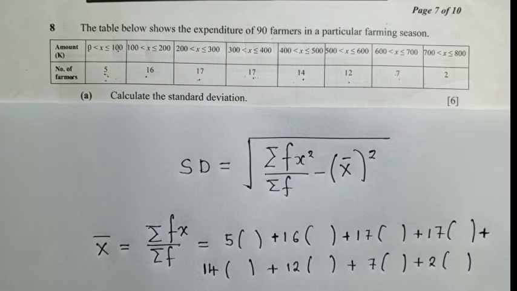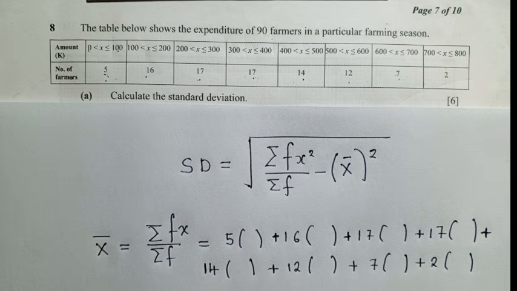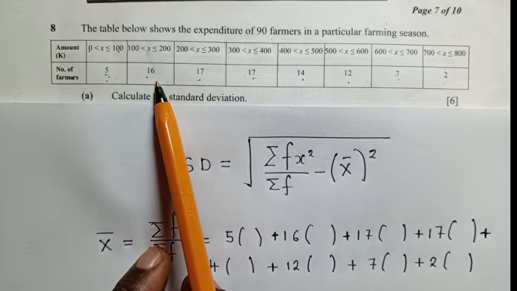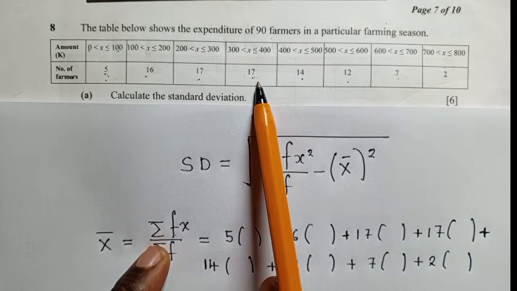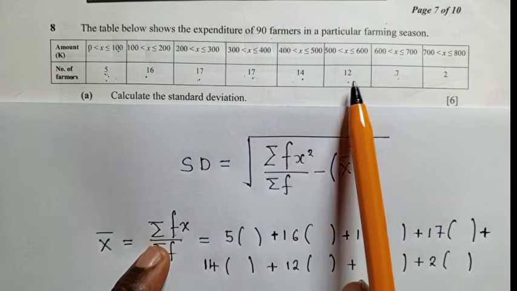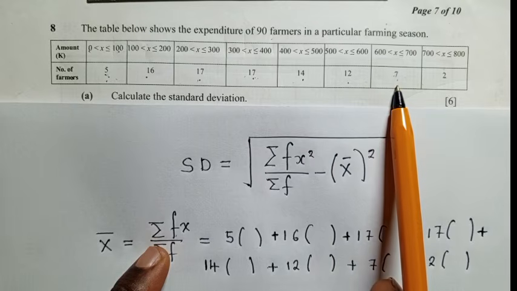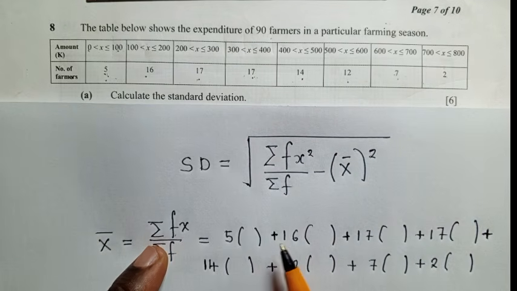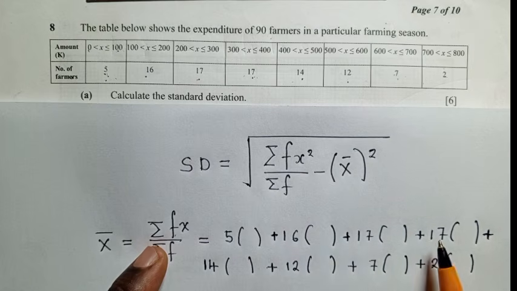Let me just talk about what I'm writing here. Under frequency, we know that we've got 5, 16, 17, 14, 12, 7, and 2. So I'll just write those numbers in front of the brackets like this, leaving the brackets.